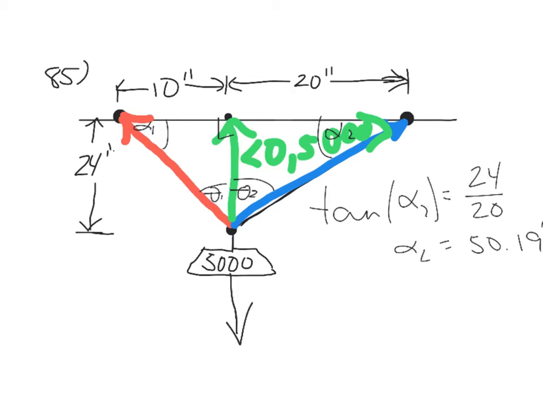Now, you're going to ask me, so what? Remember from geometry, if I have a line bisecting two parallel lines, this alpha 2 is going to be equal to this angle here. So I'm going to label that alpha 2 as well.